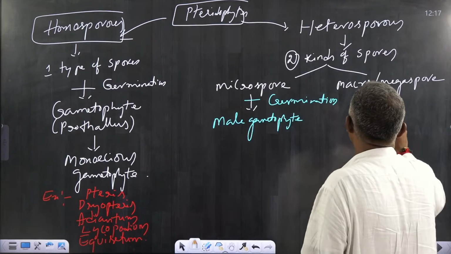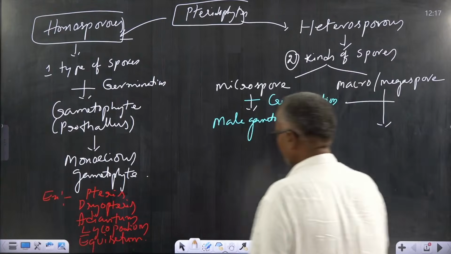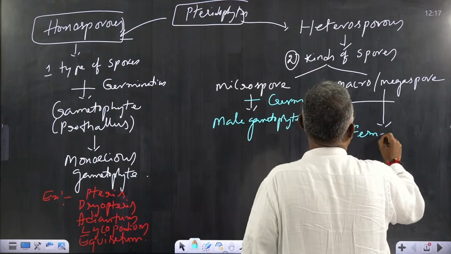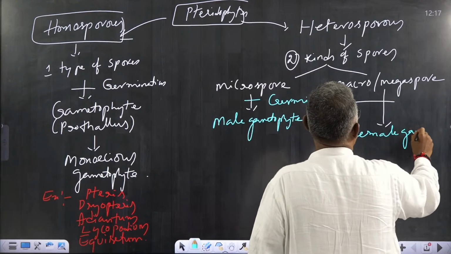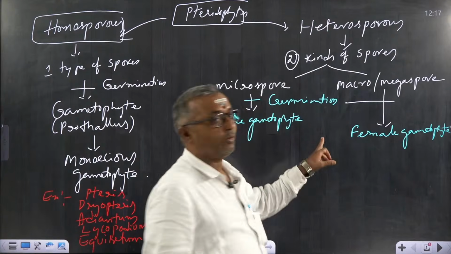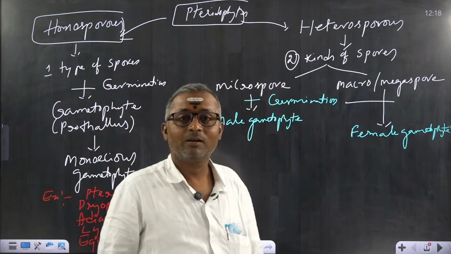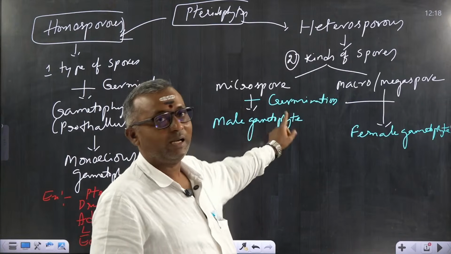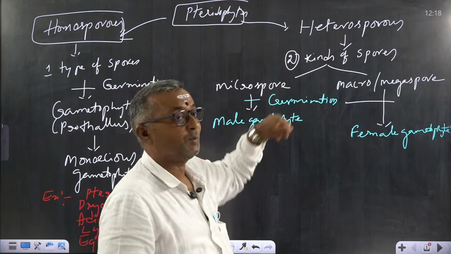Similarly, megaspore also on germination gives a female gametophyte. That means here the gametophytes are what kind of gametophytes?